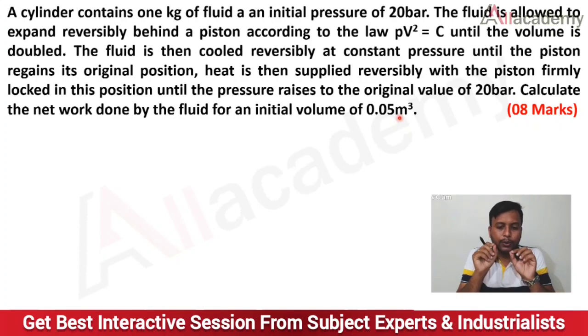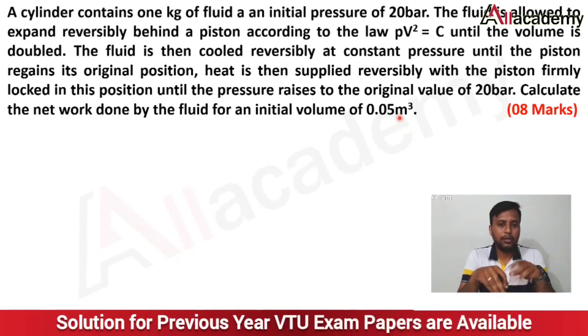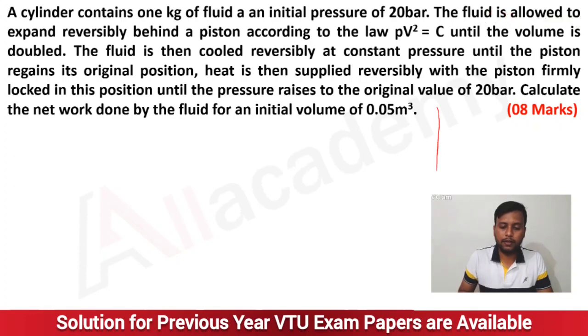Now this is a little bit of a tricky one. If you are able to draw the PV diagram for this one, half of the problem is solved. In this problem, a total of 3 processes are involved, so let us draw the PV diagram. This is pressure and volume.